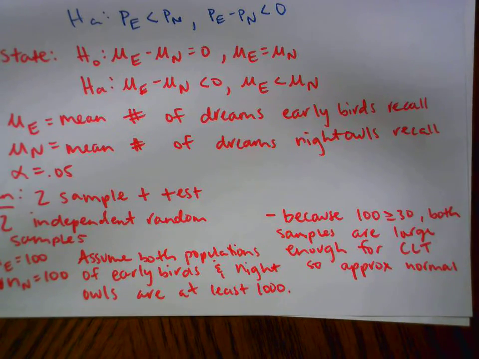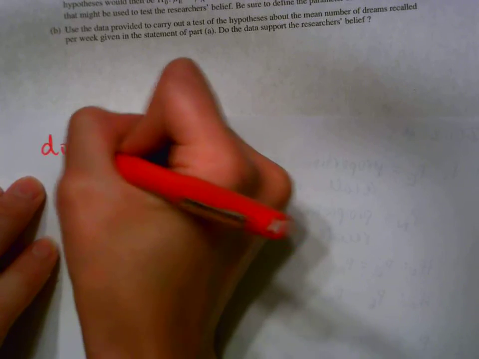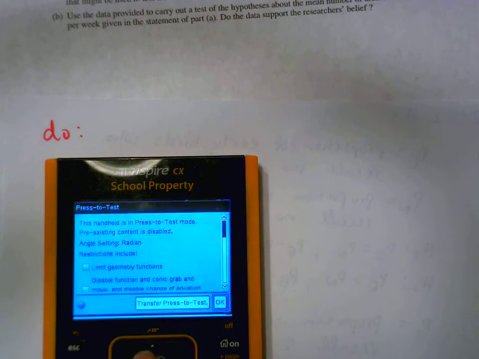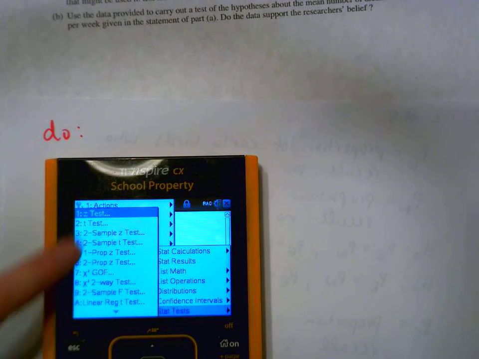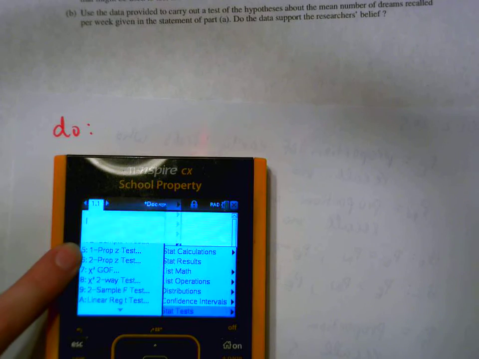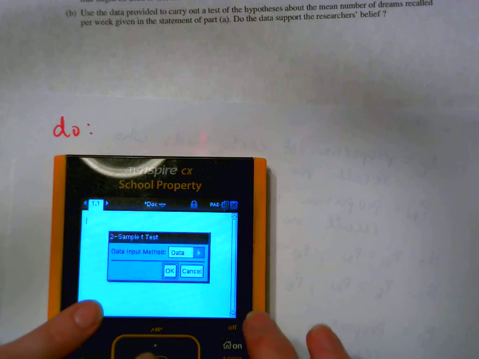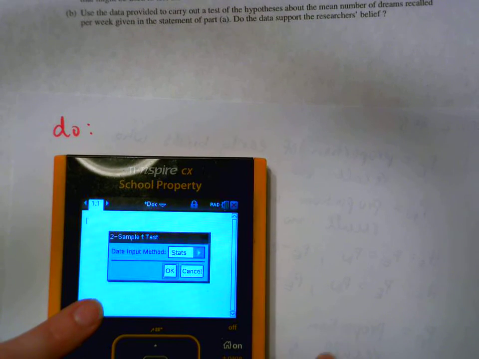So now we're ready to do. I'm going to have to flip it over. We already said it's a two sample t-test, so we go to our calculator, menu, stats, test, two sample t-test. We don't have the data, so we change that to stats. What is our x bar 1?